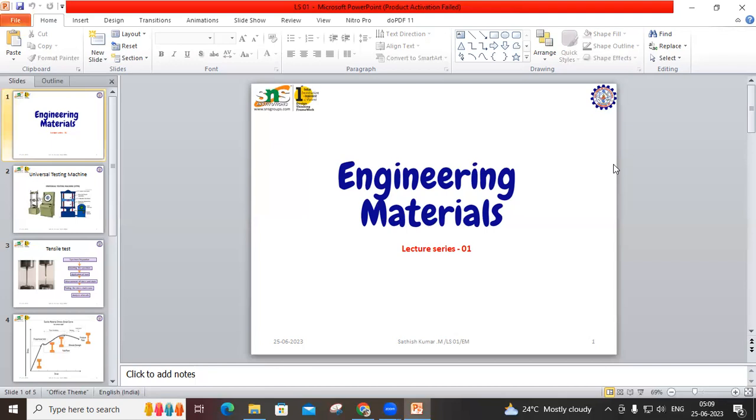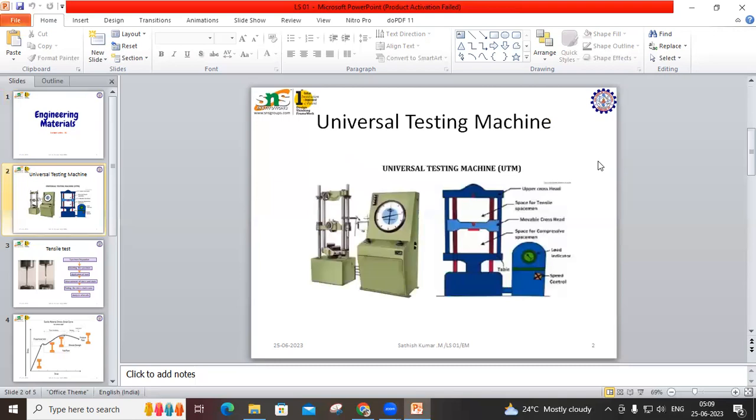These properties are very important whenever that automotive component is subjected to a load. So today we are going to see about the tensile test.